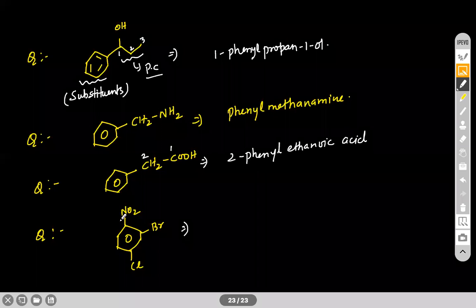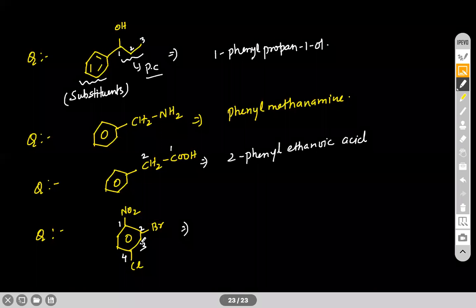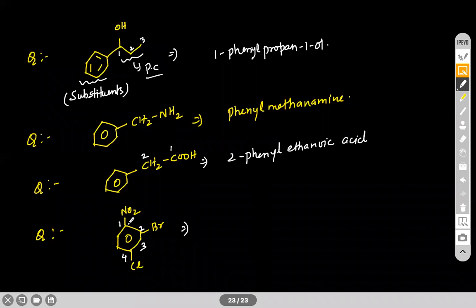This one, NO2 has more preference over this. So numbering will be this. And the name of this compound is 2-bromo, 4-chloro, 1-nitro, benzene.